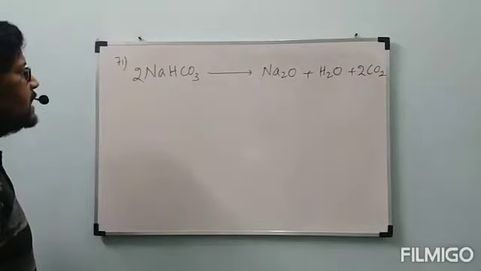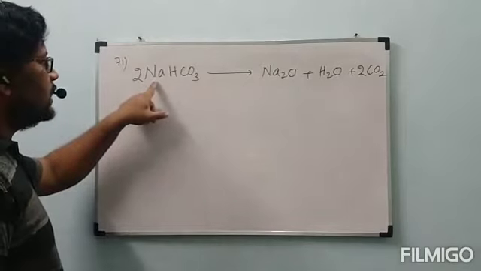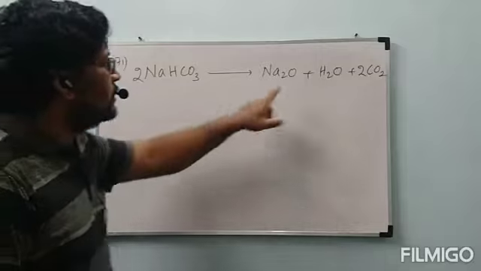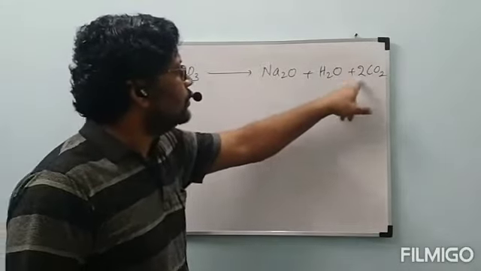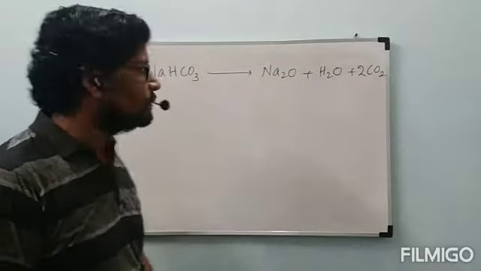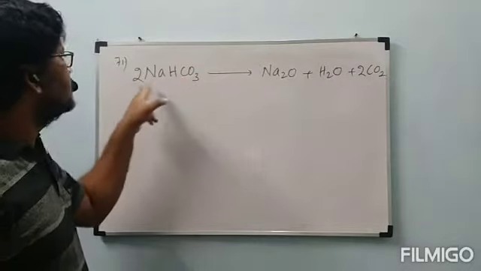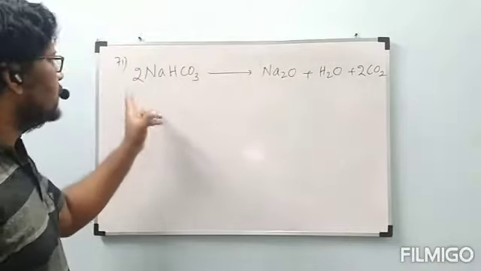See whether it is balanced or not. 2 Na. Here totally 6 oxygen are there, 6 oxygen on the other side too. 2 carbons, 2 hydrogen. Okay, it is balanced.